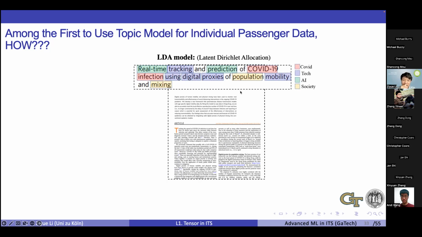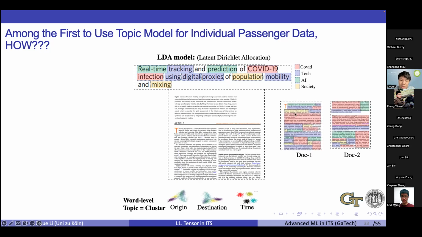So basically LDA combines words that always co-occur together in different documents, which means those words might be from the same topic. Then we humans interpret that this topic may be about COVID or about AI. So we use the word level to do the ODT clustering.